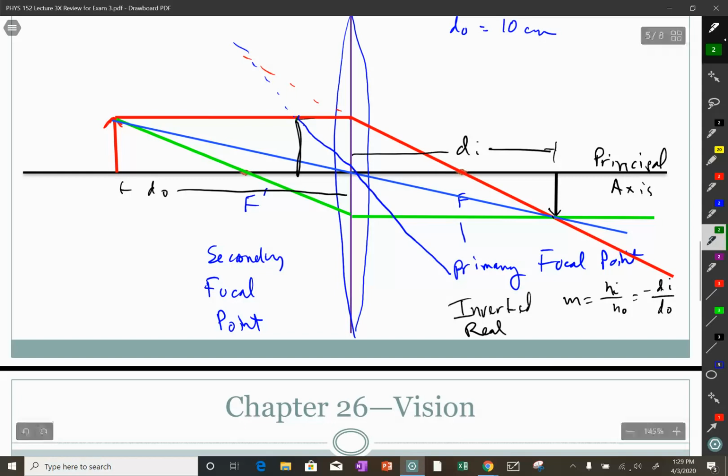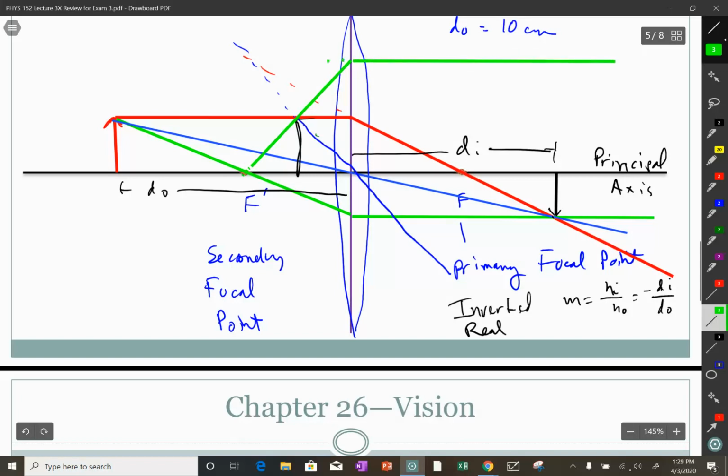Yeah, what did I draw there? This here, what I drew in blue was the vertex ray, and so the focal ray is the one that remains. I drew the vertex ray. Oh no, it's green. Yes, green is the focal ray. In this case, the focal point is behind it, so it would go like this, and then come out parallel.